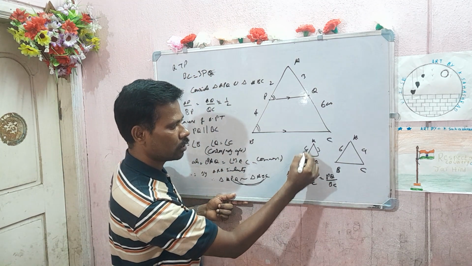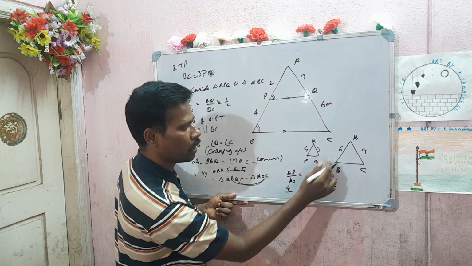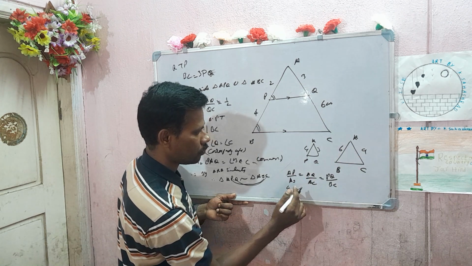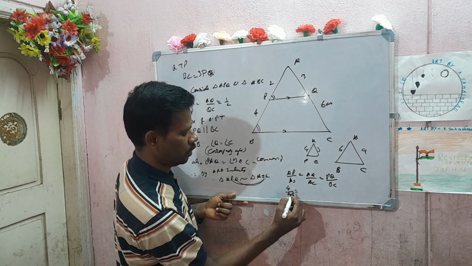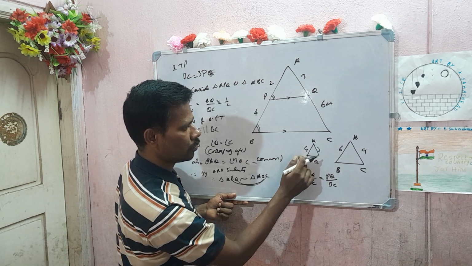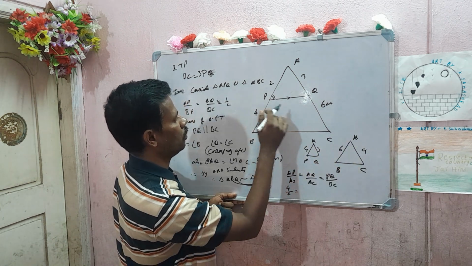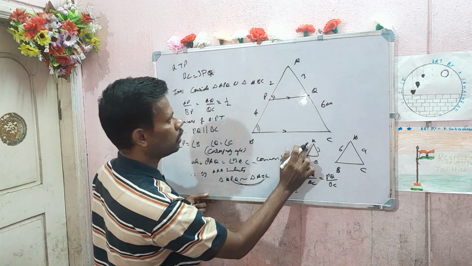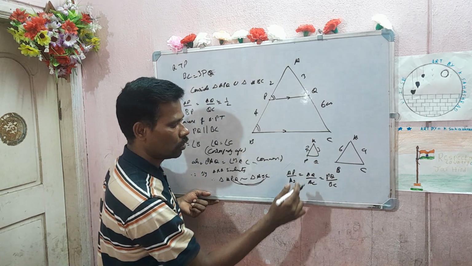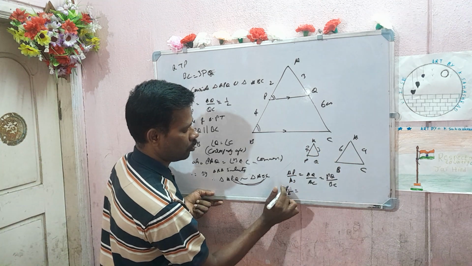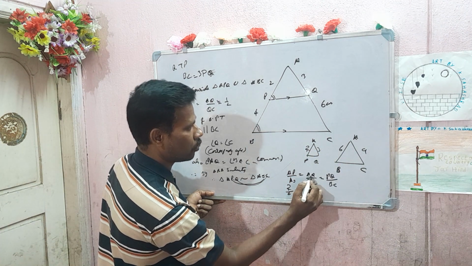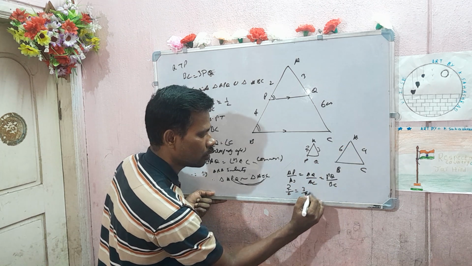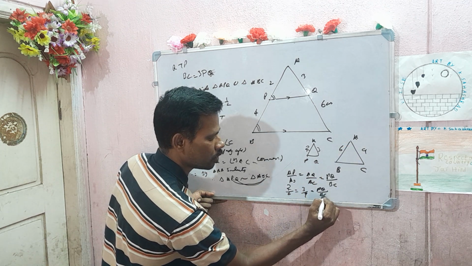AP length is 2, AB length is 6, so 2 by 6 is equal to AQ length 3 by AC length 9, is equal to PQ by BC.